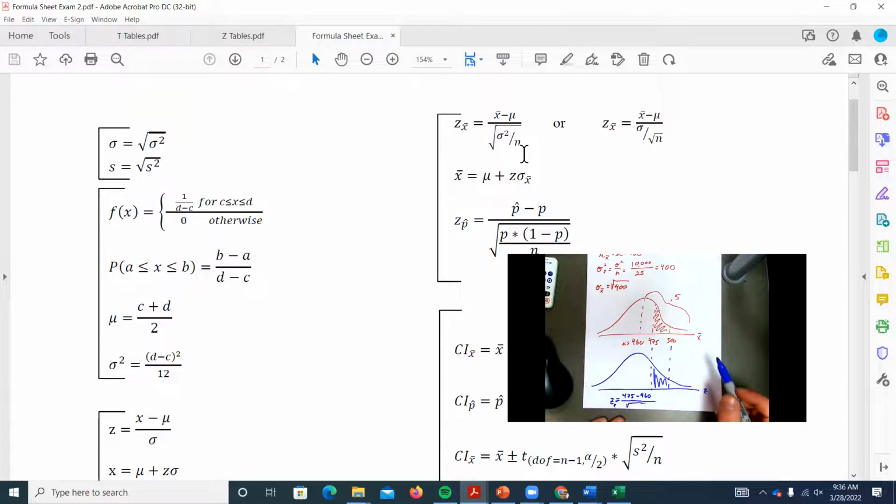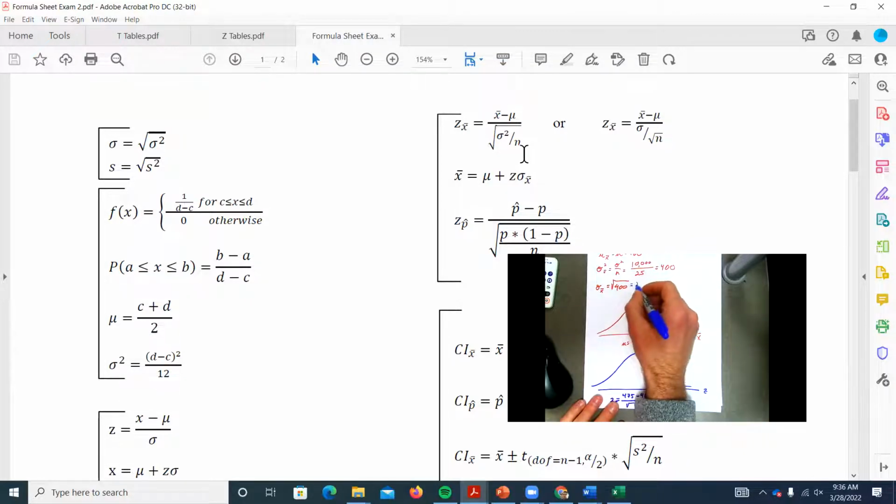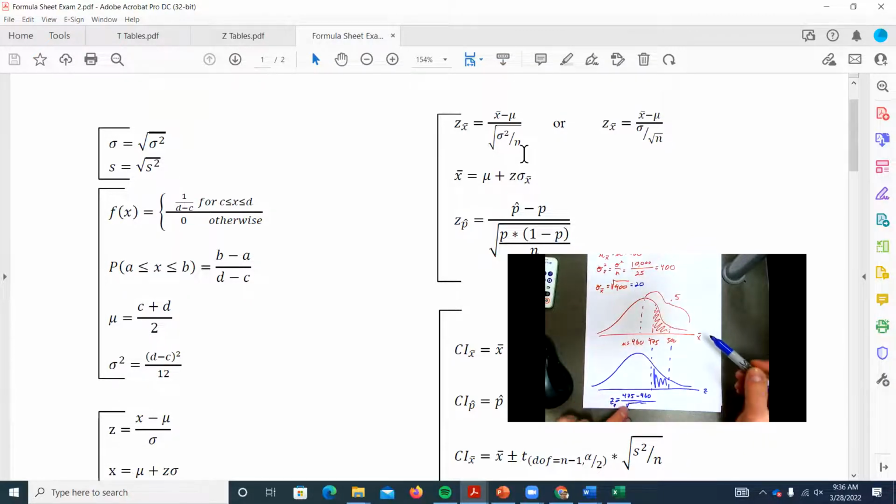Another thing I can think about, if I had done this ahead of time, is that this should be 20. Really what's in this denominator here is the standard deviation of my sample means. So if I already have that calculated, I could just plug in one value. Now, if that gets too confusing, I can just plug in those values of 10,000 and 25.